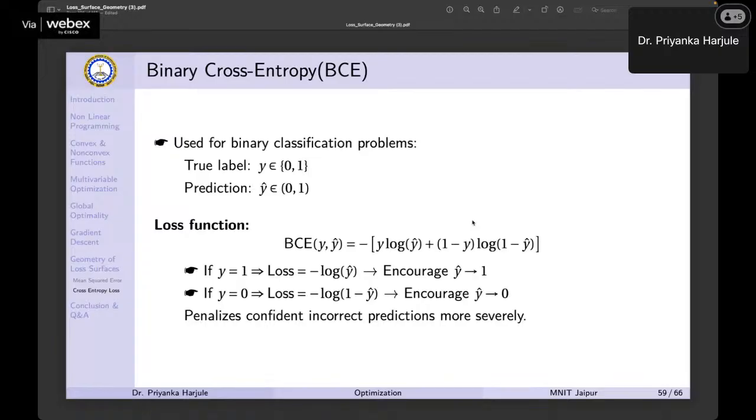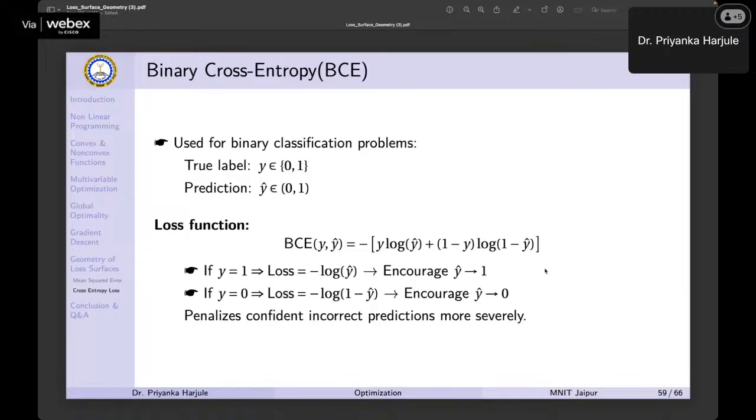For the binary target, you have two classes in which you predict the class label for the given sample. In that case, you use the binary cross entropy loss, which is given by minus of y log y cap plus 1 minus y log 1 minus y cap.